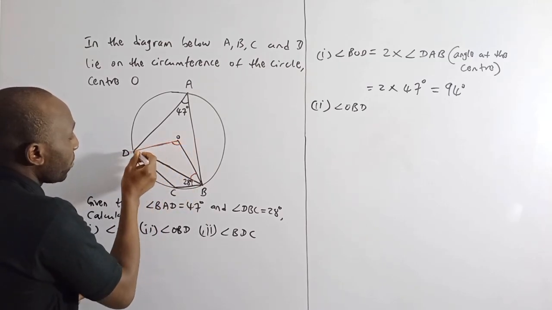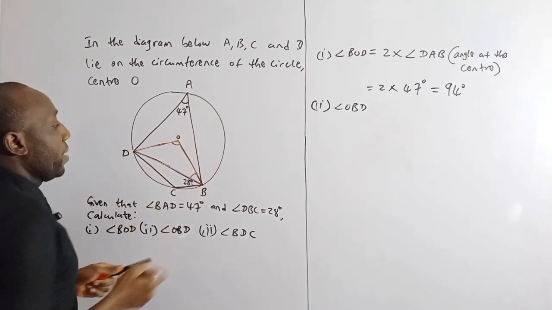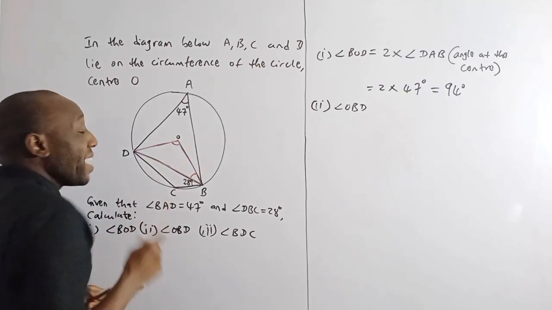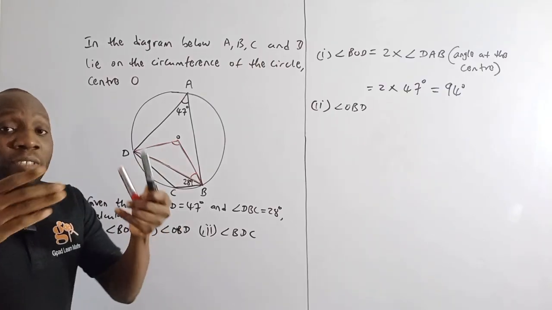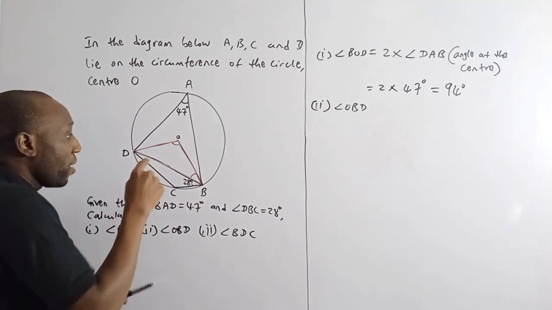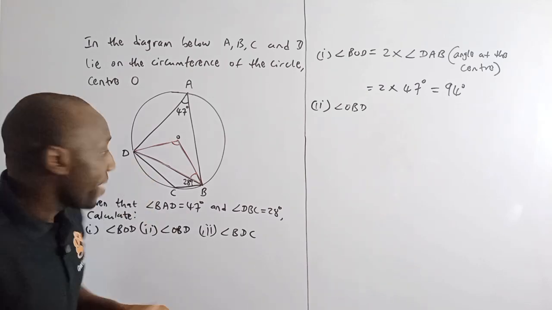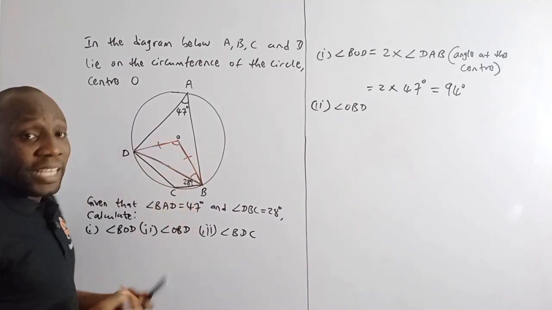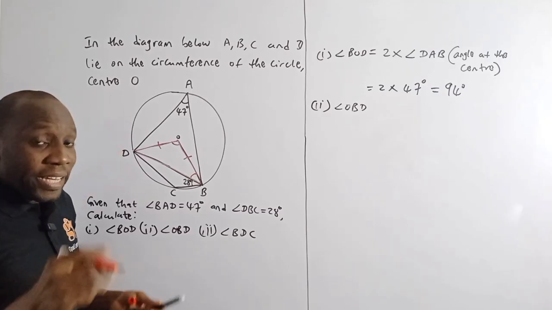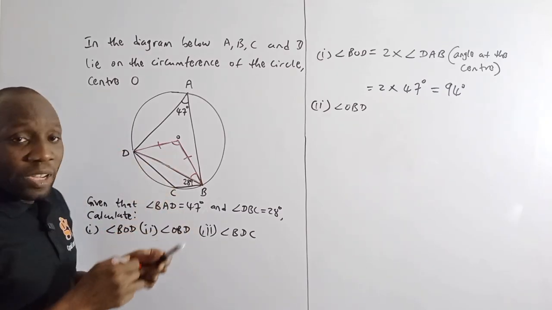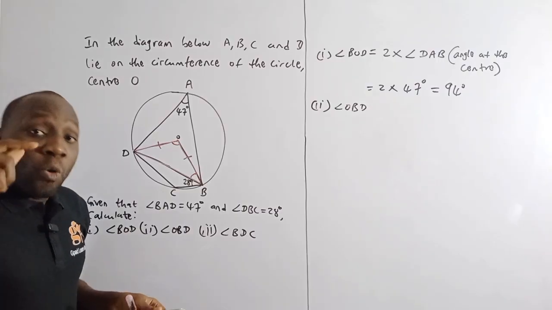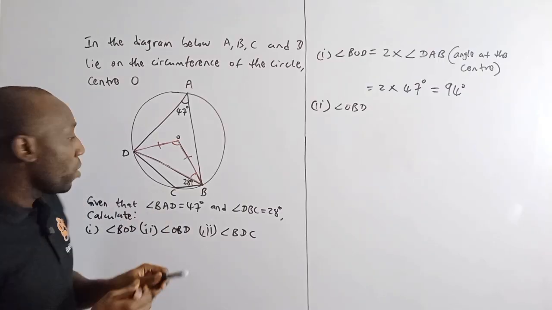This one here is a triangle, and this triangle is an isosceles triangle. How do I know? Because two sides of this triangle are radii, here and here, and they are equal. All the radii in a given circle are equal. So this triangle is an isosceles triangle, which also means that the base angles are equal.